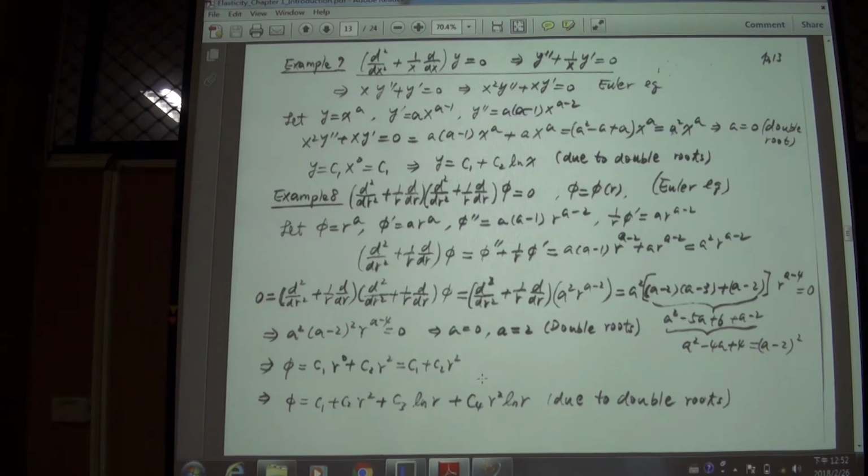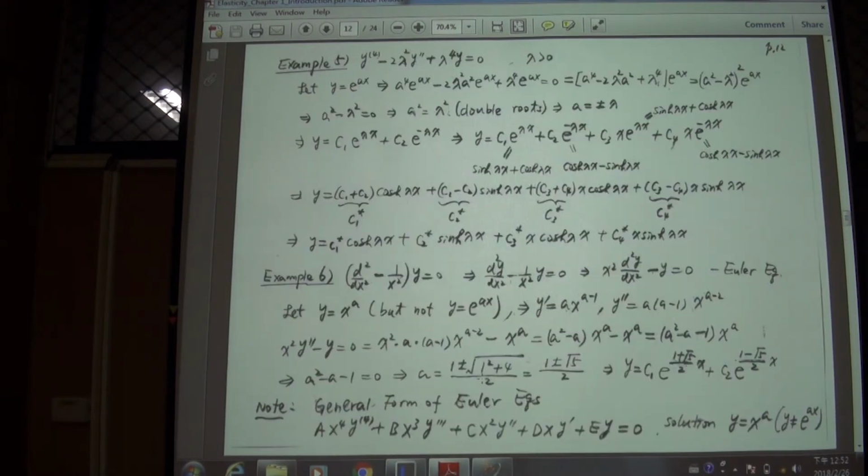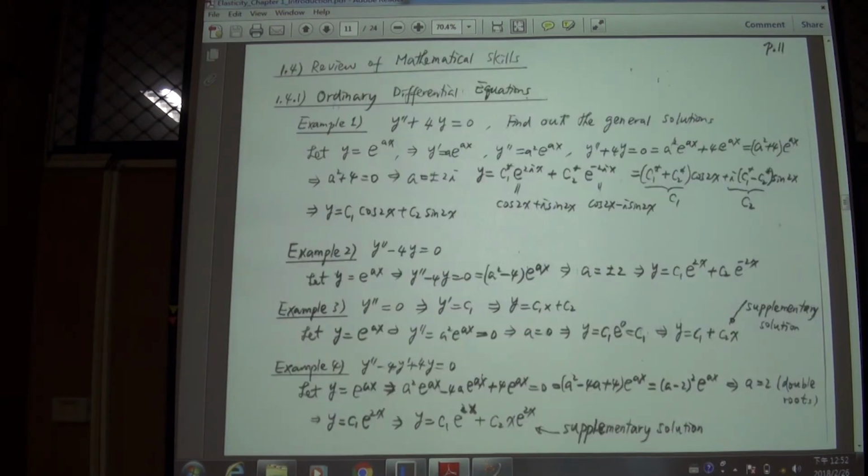It means that in the previous example, we multiplied the solution by x in order to get the supplementary solution. Here we have a double root, and we multiply this solution by x to get the supplementary solution.